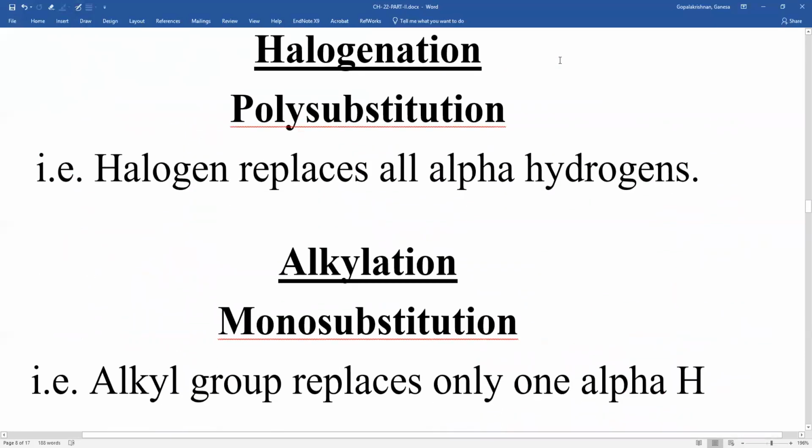Before we go, keep this in mind: halogenation using base as a promoter is a poly substitution. What is it? Halogen replaces all alpha hydrogens in the molecule.